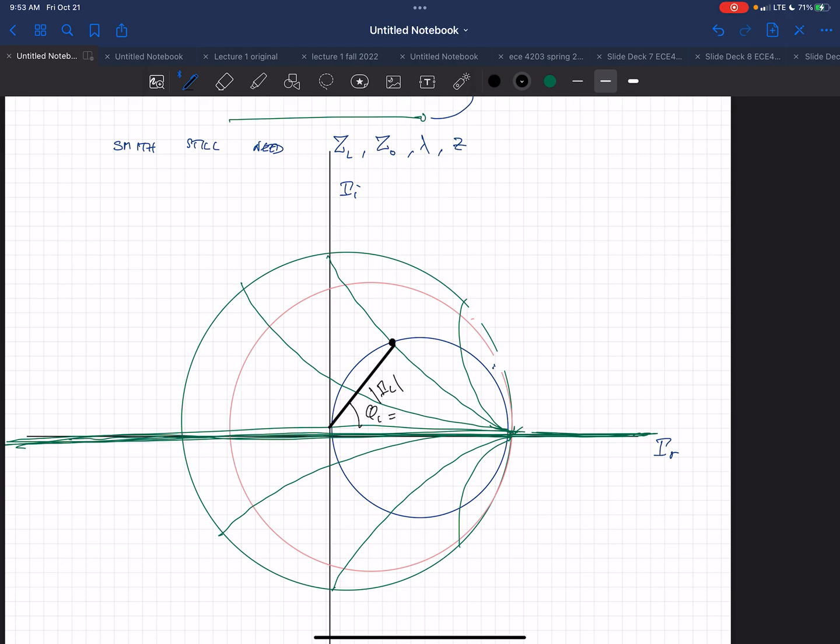So this would be the starting point. Let's call that A. And let's say this is 1, the value of this thing.